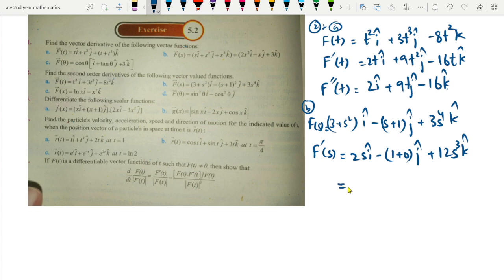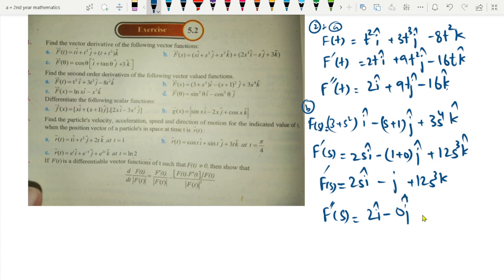So this will become 2s i minus 2s plus 1 j plus 12s cube k. By taking the second derivative of this one, you will get f double prime of s is equal to 2i minus 2j plus 36s square k. So this is our second derivative.